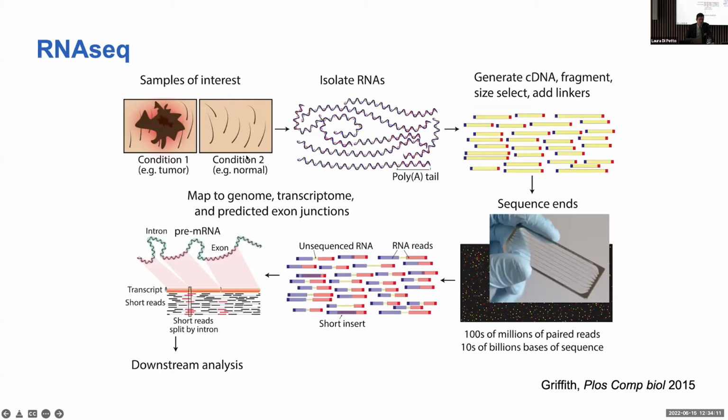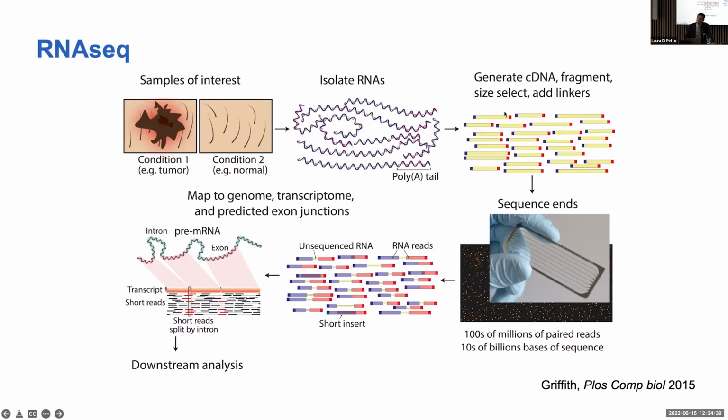I will not go into the detail of the different ways of measuring or determining the transcriptome, just a brief overview about the technology we are using, RNA sequencing. You basically start with a sample from a patient or a clinical condition. And the very important first step is obviously to isolate the RNA. And to do that, you basically have to destroy the tissue sample and isolate the RNA you're interested in.